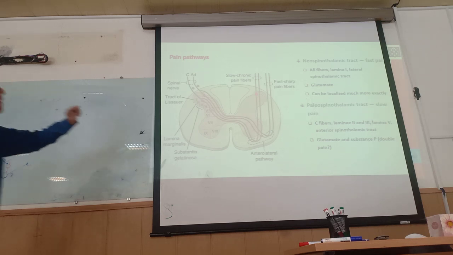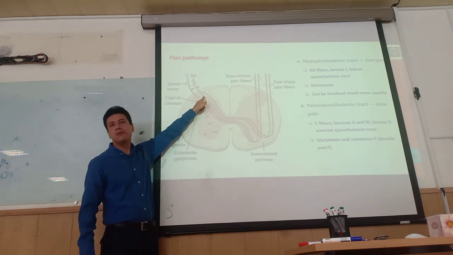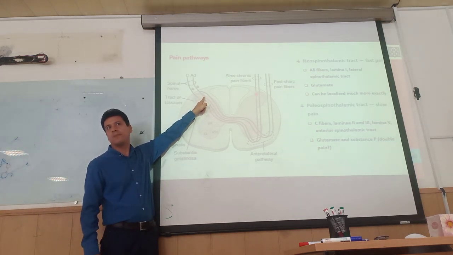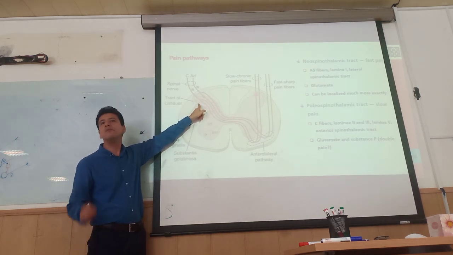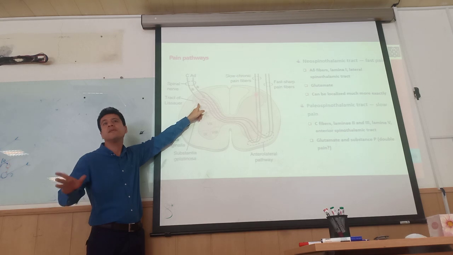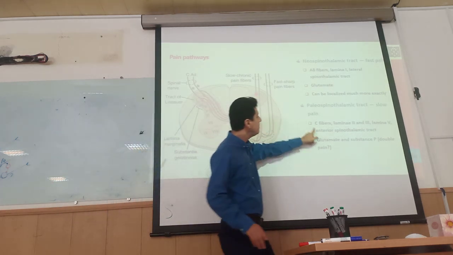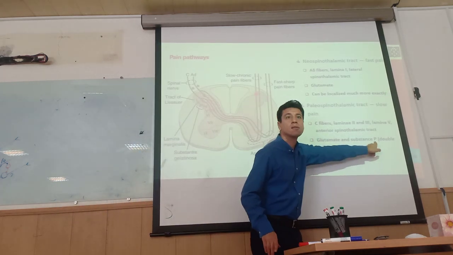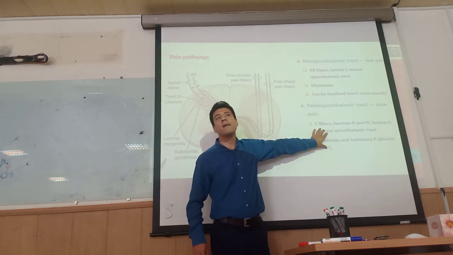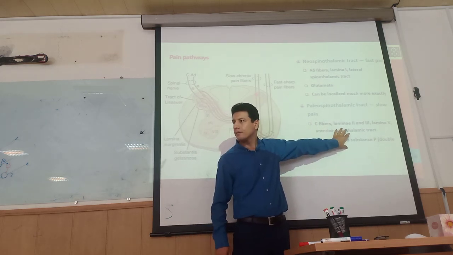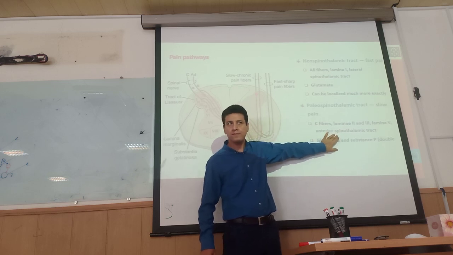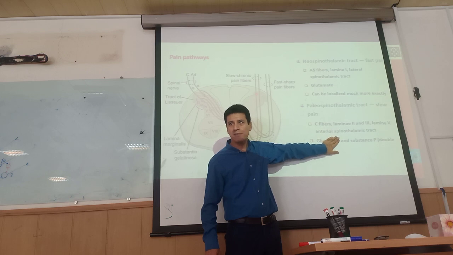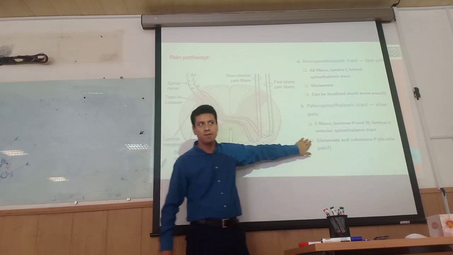So, A delta fibers release glutamate. But C fibers release glutamate plus substance P. Glutamate and substance P. So this is an example of co-release, or let's say co-transmission. Right? So if I ask you about co-transmission, one example is here.